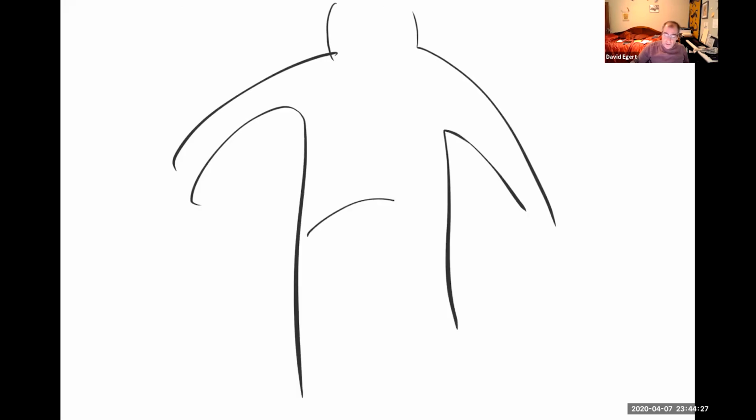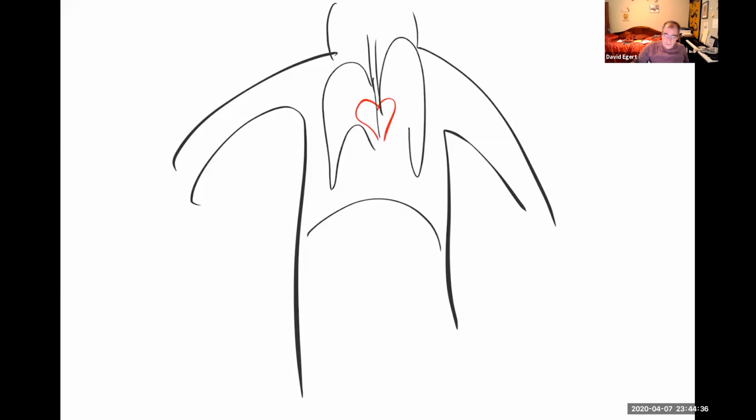The other thing that will happen, we'll talk about in more detail, but we can introduce here. Your lungs are here too, and here's the vena cava coming up. The vena cava is returning to the heart.